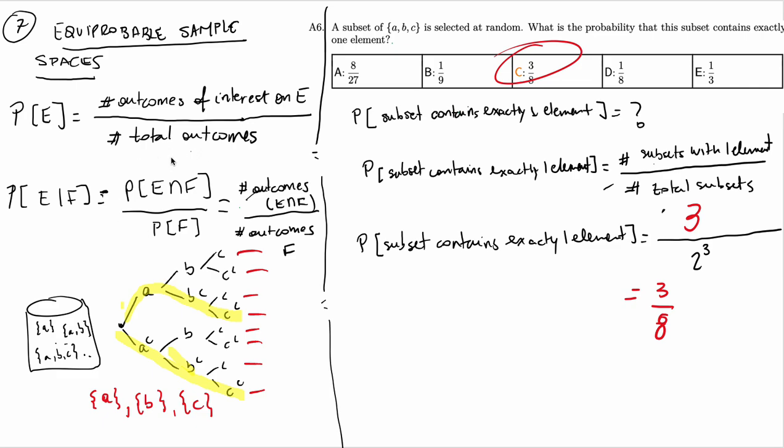And even for conditional probabilities, when you're inside an equiprobable sample space, you can break the calculation into two counting problems and a ratio between them. So the number of outcomes of the intersection divided by the number of outcomes of what came first. Okay?